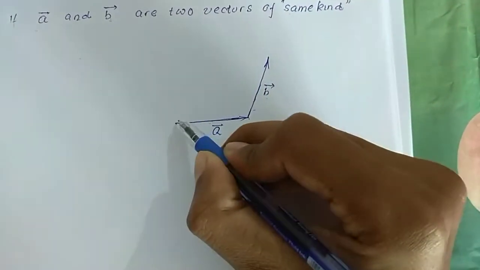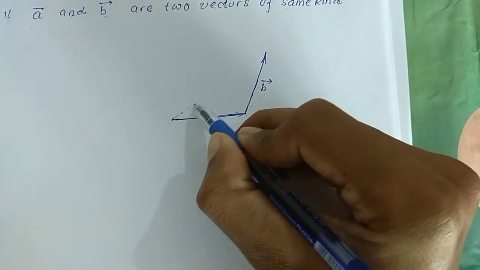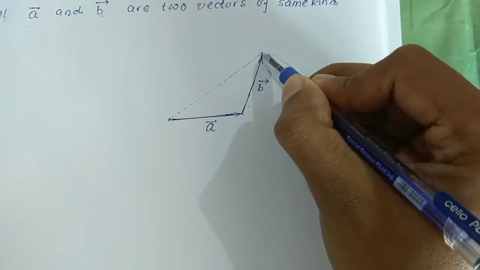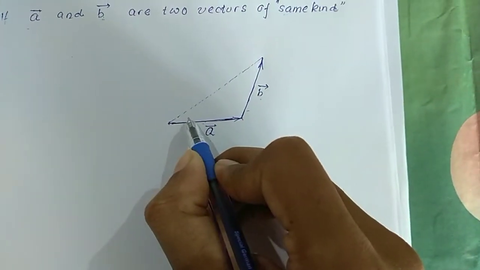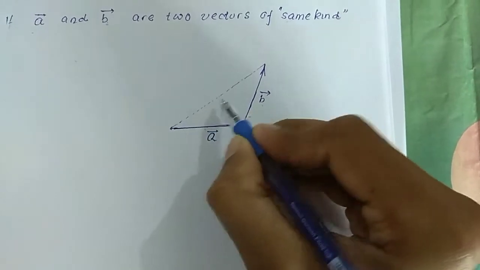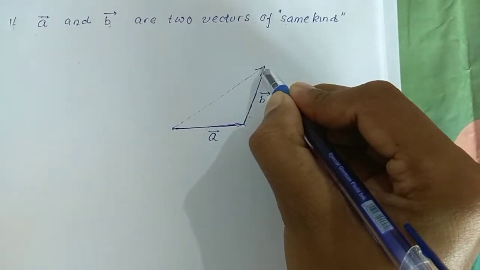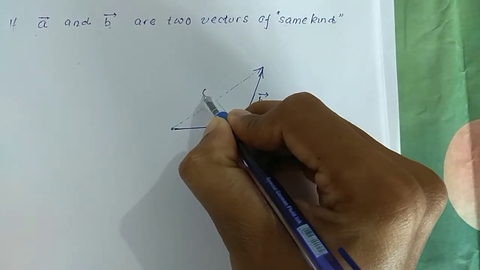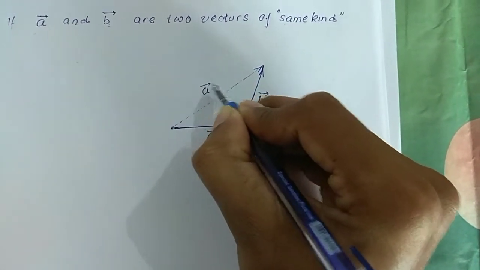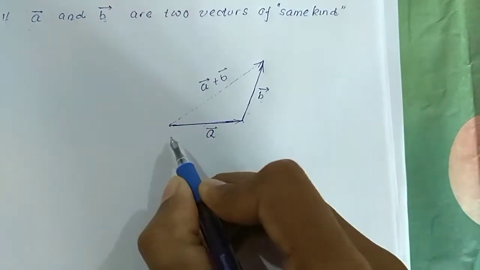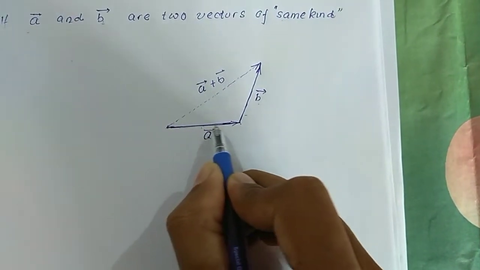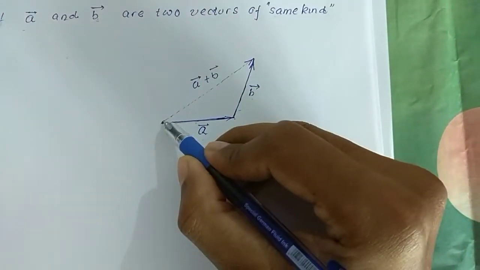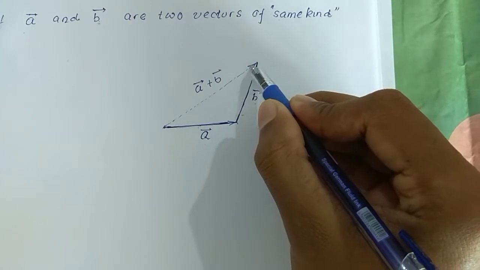So the resultant, or the sum of these two vectors, is this third side of a triangle, whose one side is vector A, another is vector B, and this is the resultant.